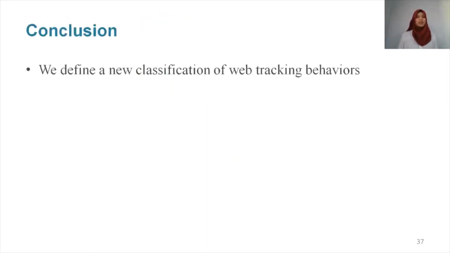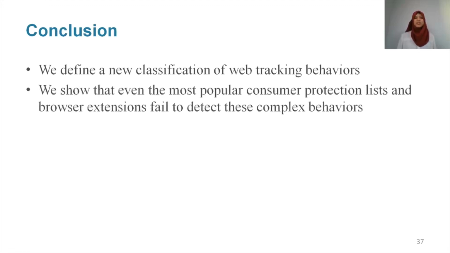And so, to conclude, we analyzed the invisible pixels that are widely present on the web and are perfect suspects for tracking, to define a new classification of tracking behaviors. We then applied this classification to the full dataset and compared it to browser extensions and filter lists.